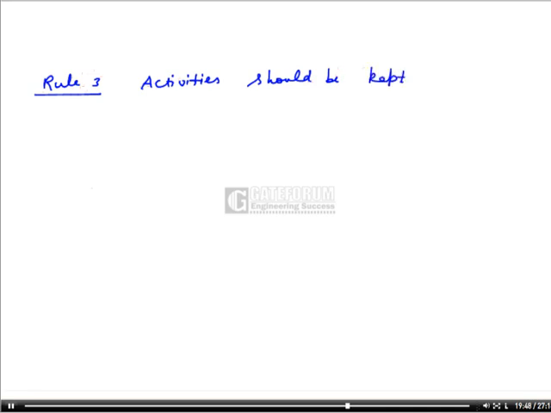Now rule number 3. Activities should always be kept straight and not bent. For example, this is 1, 2.